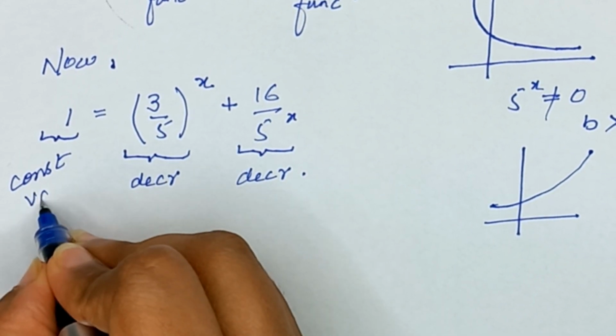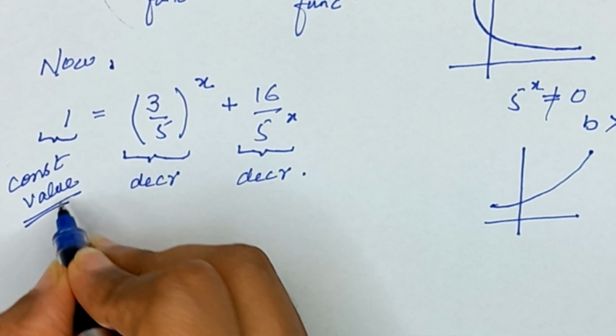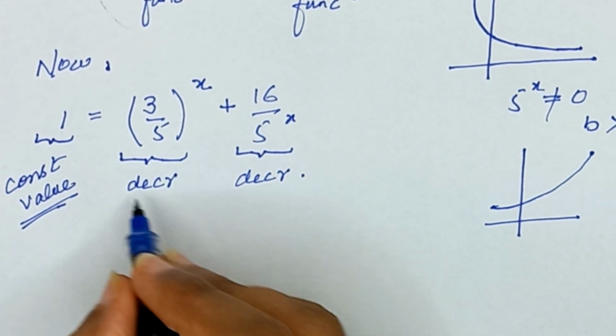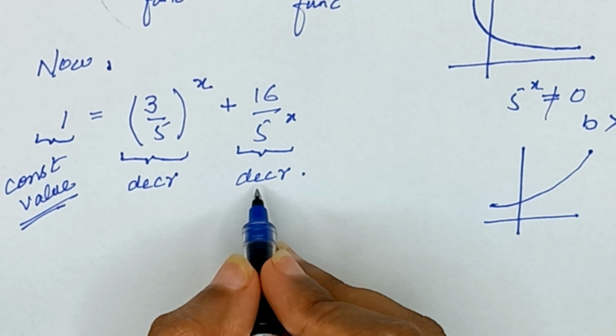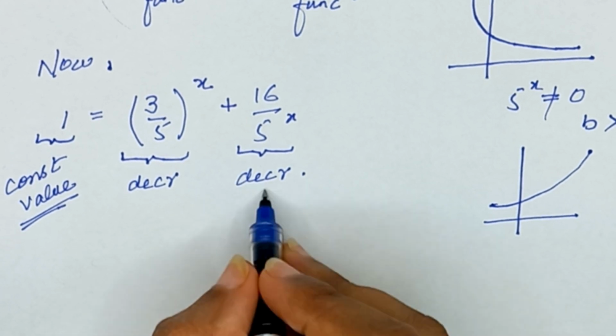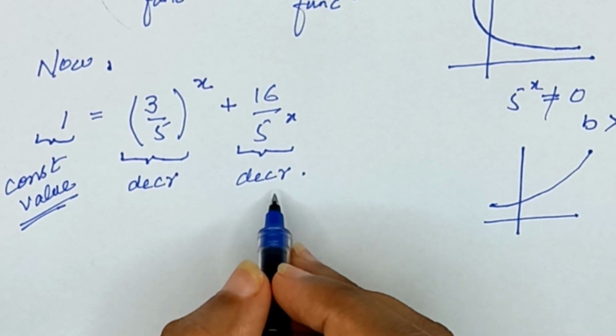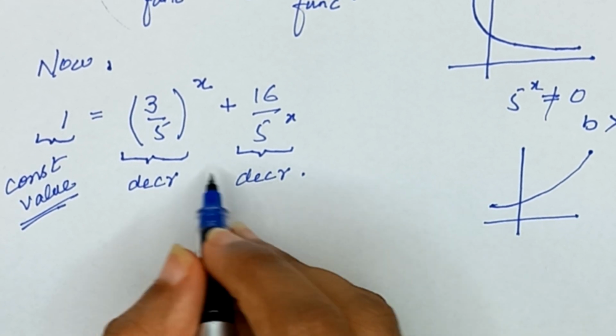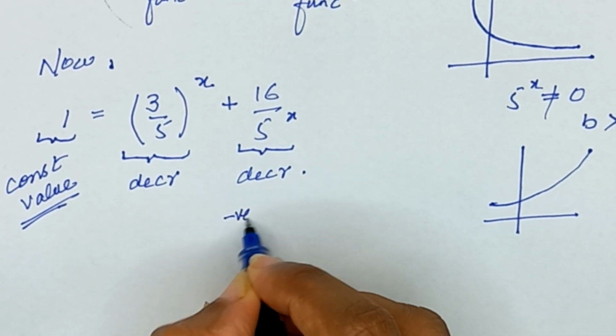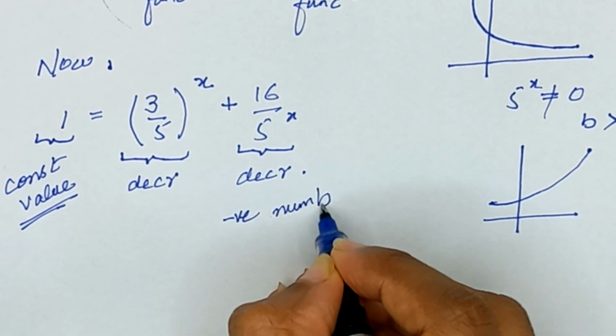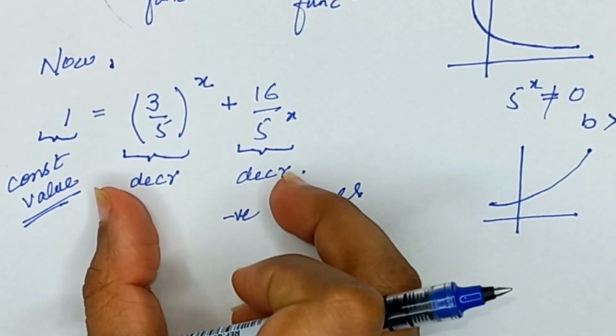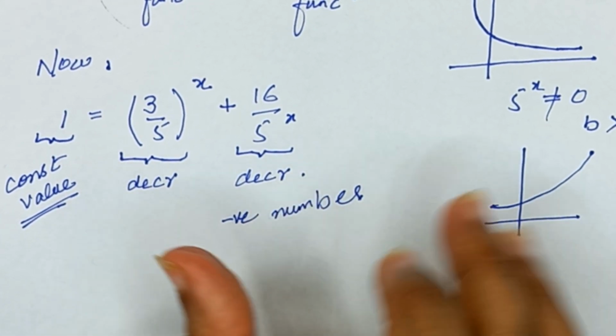It means it is a constant function. So we get a decreasing function because the derivative of this and this is negative. So when we add two negative numbers, it gives us a negative number. So it means this function is a decreasing function.